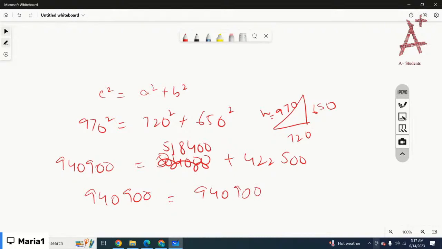Okay, you can complete the rest of the questions by yourself later today. So let me just move on to the next lesson. The next lesson is we're going to start the new chapter, that is integers.